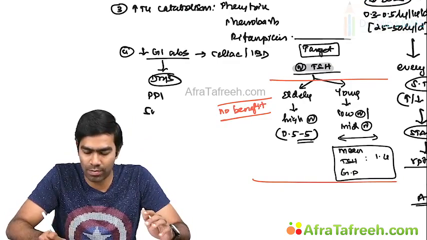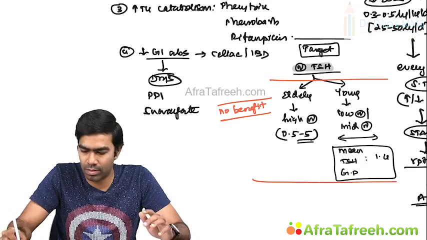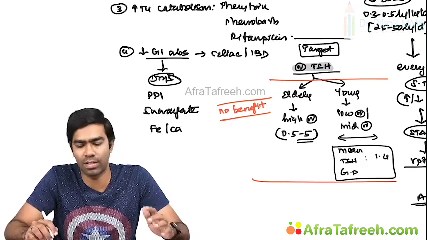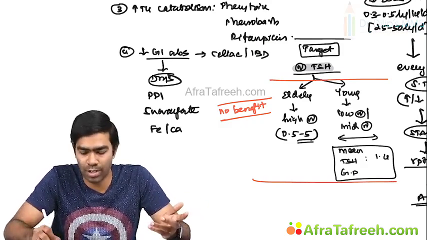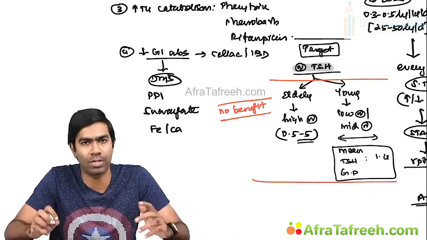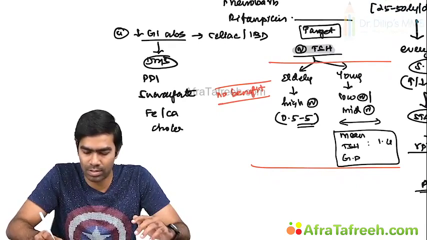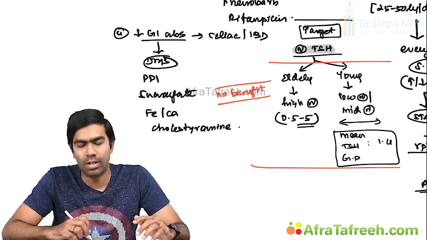Then sucralfate, iron and calcium supplementation, very common. Many elderly patients, especially women, will receive iron and calcium simultaneously. So very important, you should not take levothyroxine along with them, as they might reduce the absorption of thyroxine. And cholestyramine, obviously, we know this is supposed to reduce the absorption. Clear? So these are the agents that reduce the GI absorption of thyroxine.